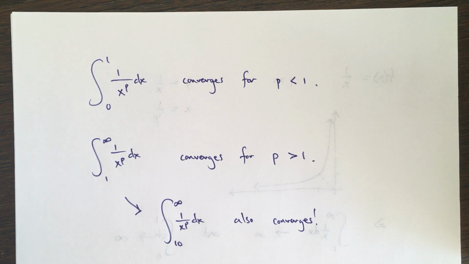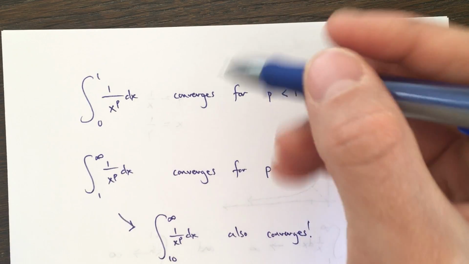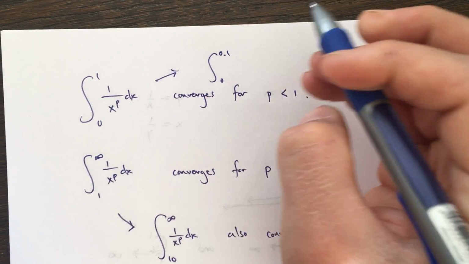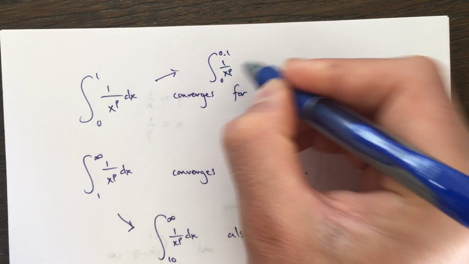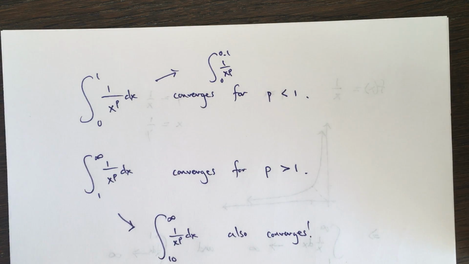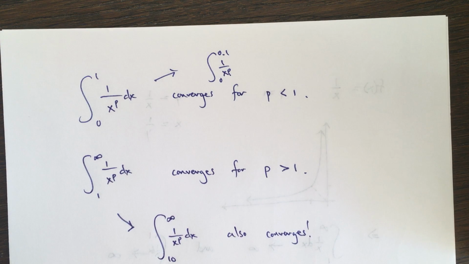So it's still going to converge. And similarly, up here, if I went from 0 to 0.1 of 1 over x to the p, this would still converge for p less than 1 and diverge otherwise because I'm still dealing with that vertical asymptote.